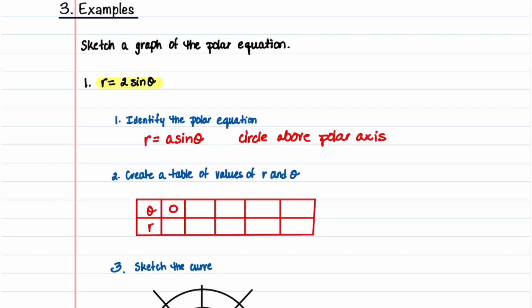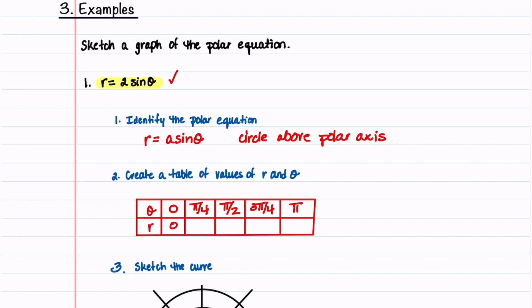I'm going to start at 0 and end at pi. In the middle is pi over 2, and then here we have pi over 4, and here we have 3 pi over 4. We'll then compute our value of r. We're looking at the equation right up here. When theta is 0, sine is 0, so r is 0.